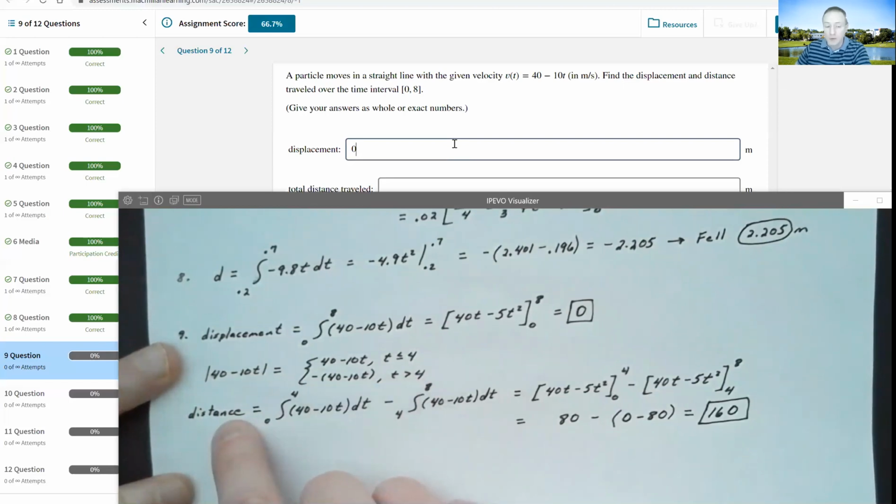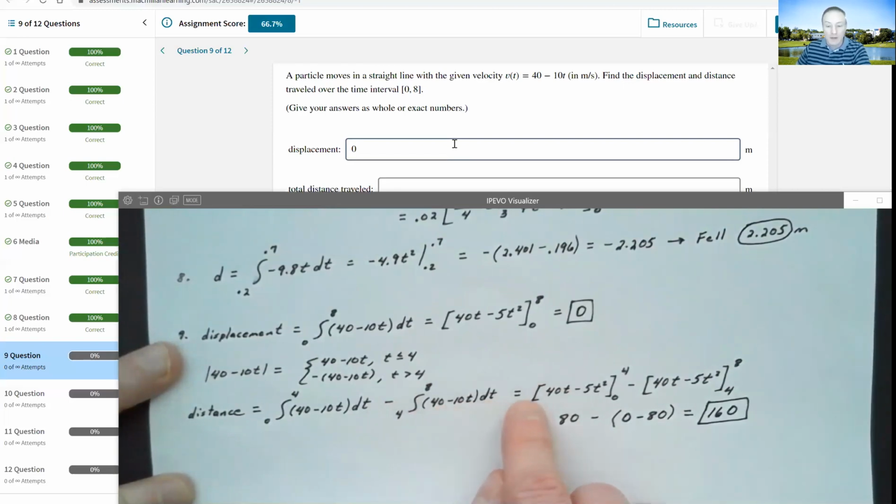So then for the total distance traveled, you'll just say, well, between 0 and 4, you just integrate your function with respect to time. But then between 4 and 8, we know that we need to subtract or change the sign of my velocity function in that region. And so I say minus the integral from 4 to 8 of 40 minus 10t with respect to t.